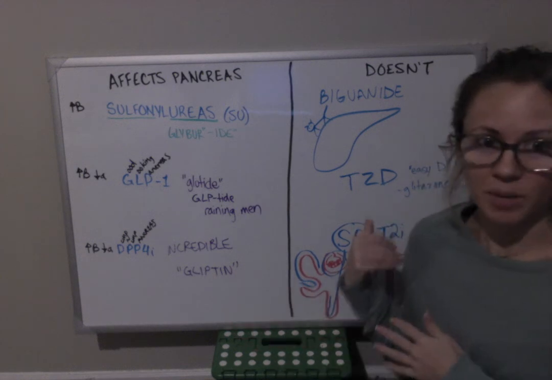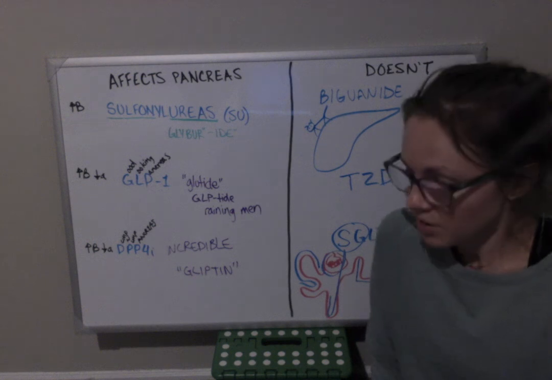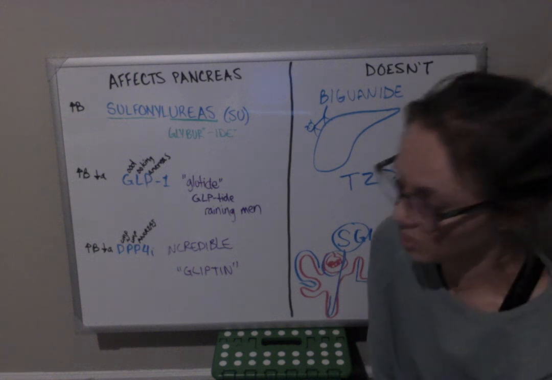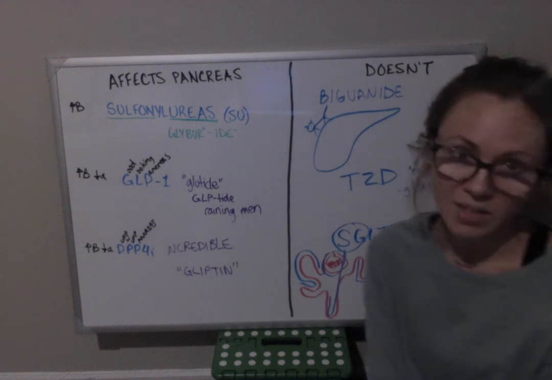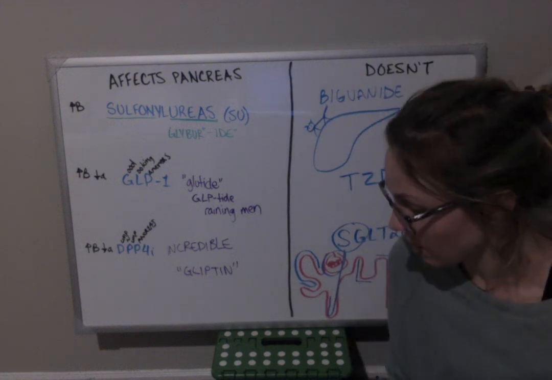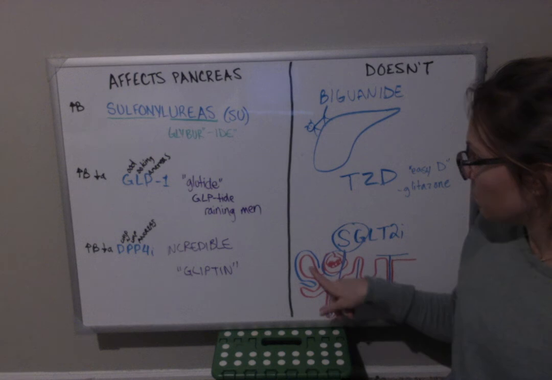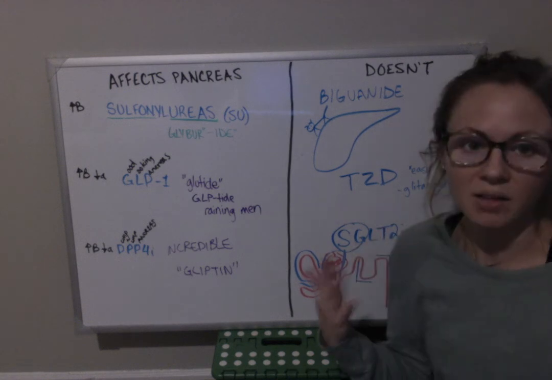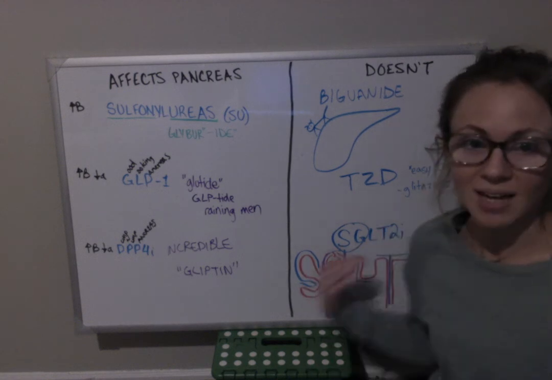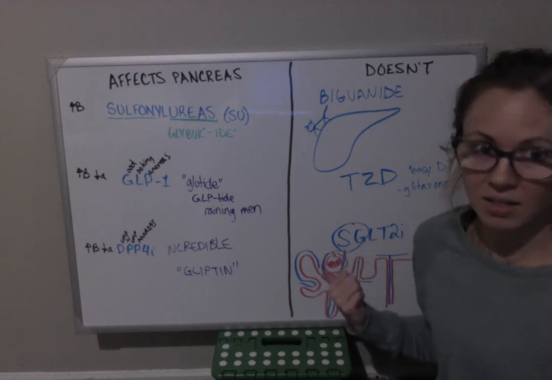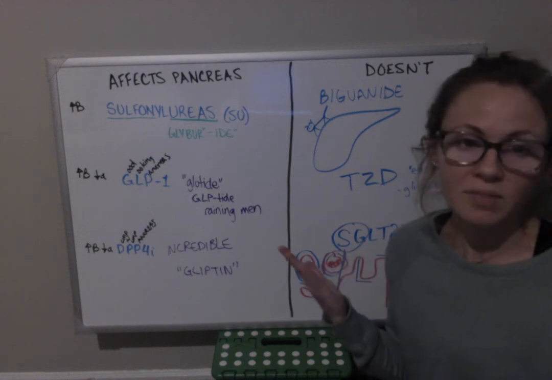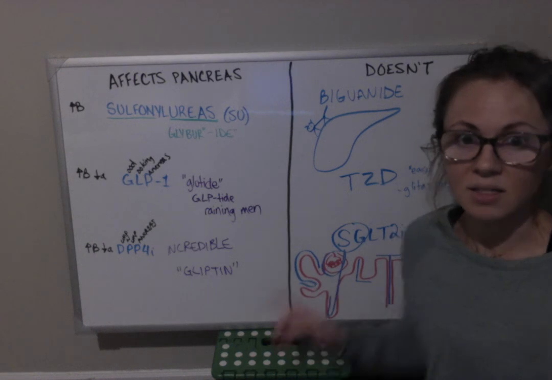So that's kind of the drawback with these, but they do cause a little bit of weight loss, and so that's good. And since they take away that burden on the kidney of reabsorbing glucose, it's actually good in kidney disease. This is actually for diabetic kidney disease, which is super common. 1/3 of diabetics will have diabetic kidney disease.